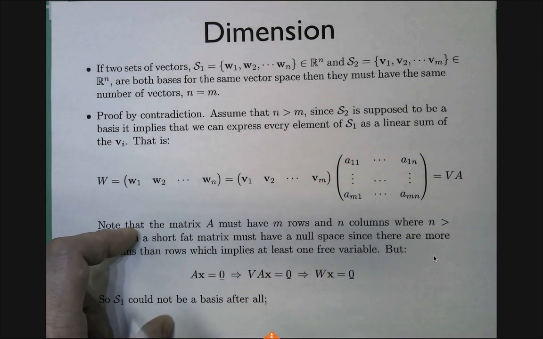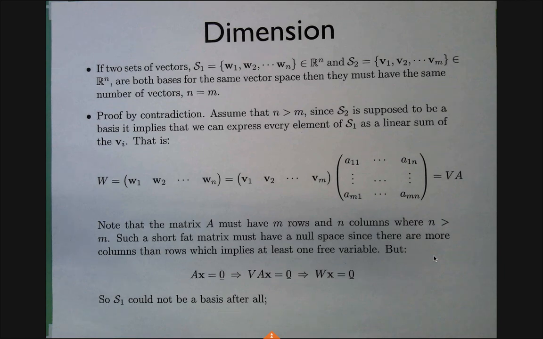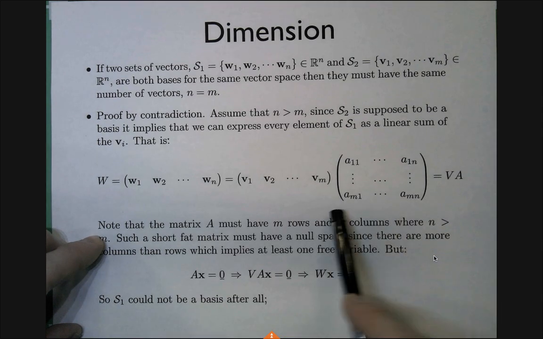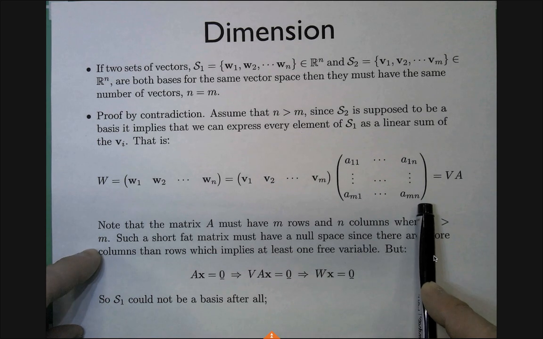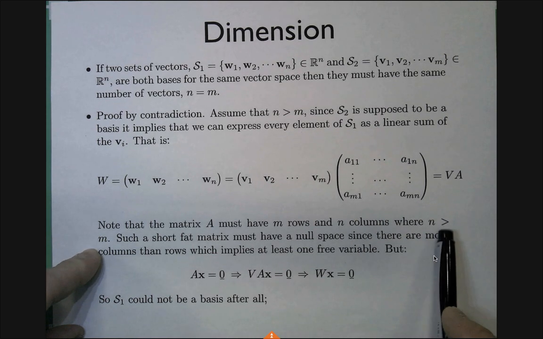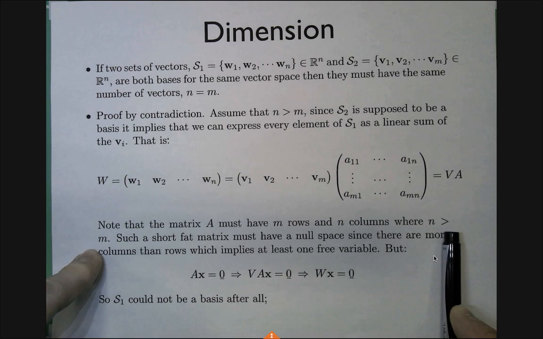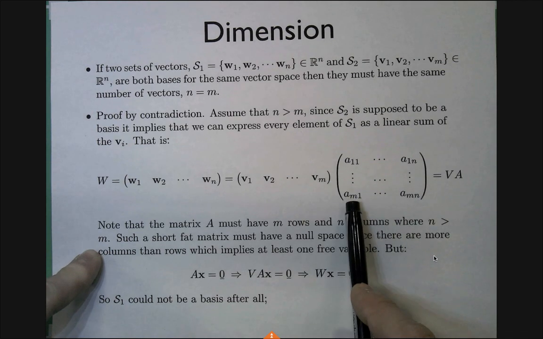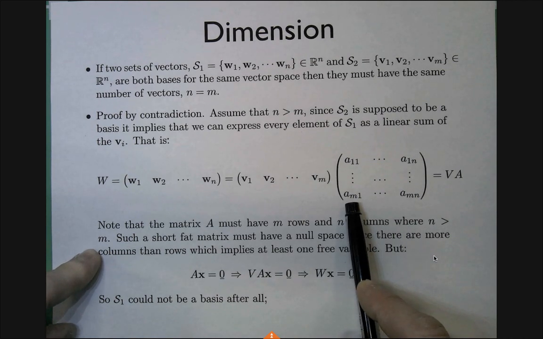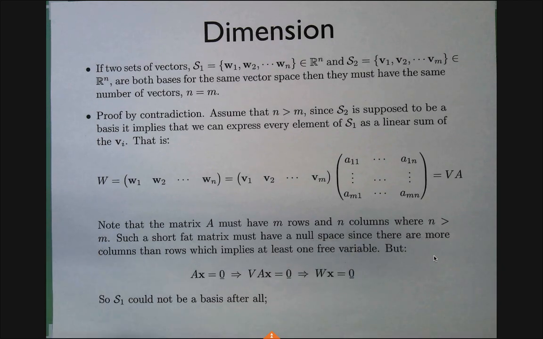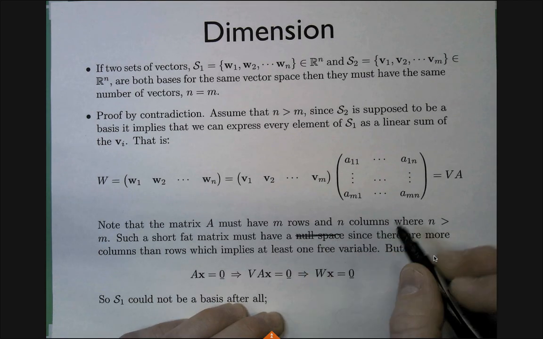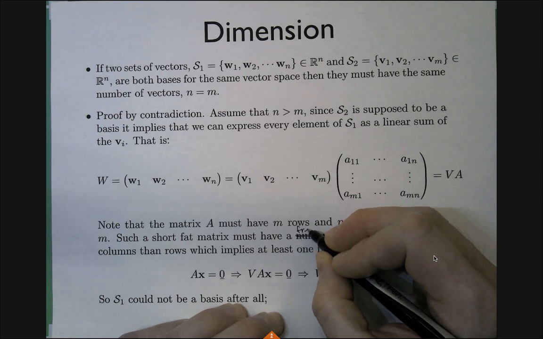That's the property of a basis, that any vector can be expressed as a linear combination of the basis vectors. Okay, but then this matrix A is an m by n matrix, and I assume that n is strictly larger than m. So that's again the example of a short and fat matrix. It has more columns than rows, and this matrix must have at least one free variable.